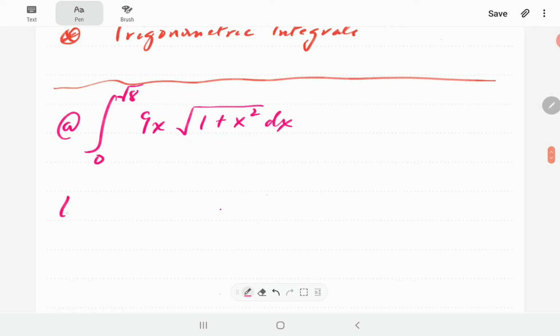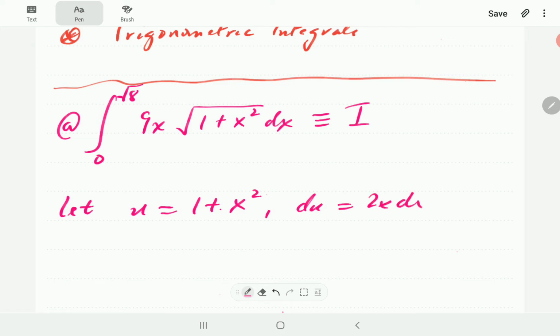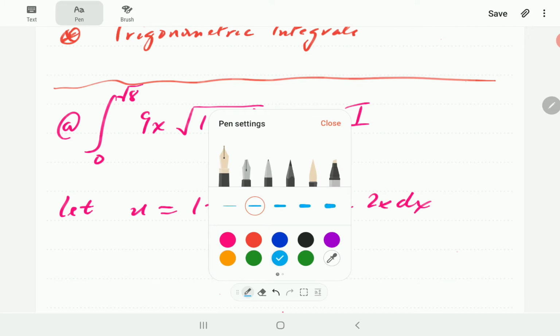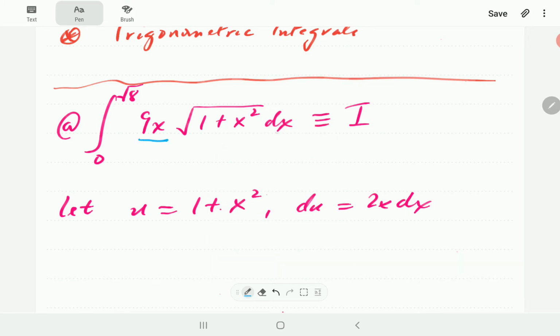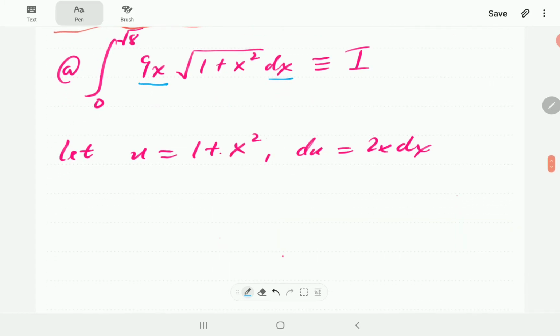So what we're going to do here is, if we call this integral I, then we're going to let u be equal to 1 plus x squared. Then du is going to be 2x dx. But in the integral here, we've got 9x dx.